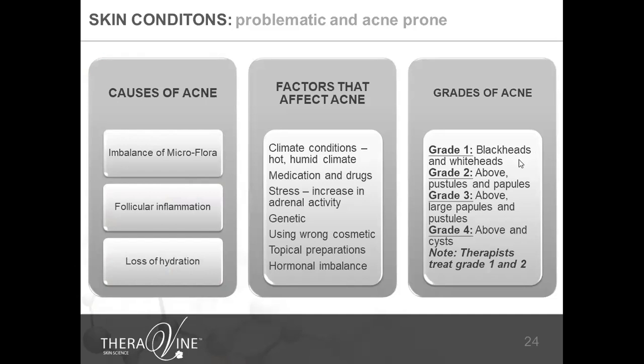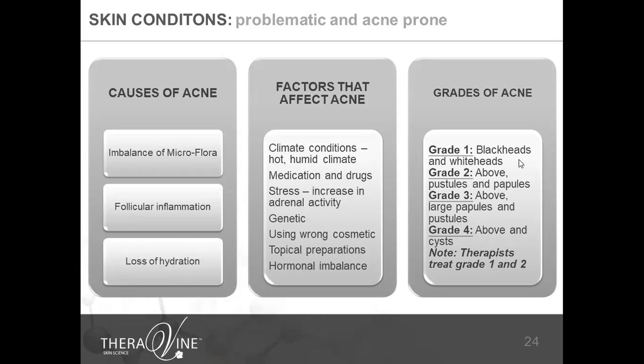I find usually grade 3 can be, I don't want to call it an unstable skin, but they're quite reactive to changes or to overstimulation. They can really quickly get a breakout if you use something that's a little bit too stimulating on them. But I do find that we can definitely treat grade 3, just monitor the skin, but definitely not a grade 4 with your cysts.